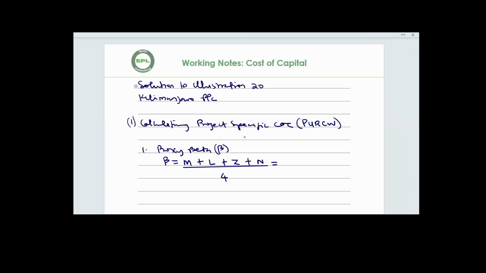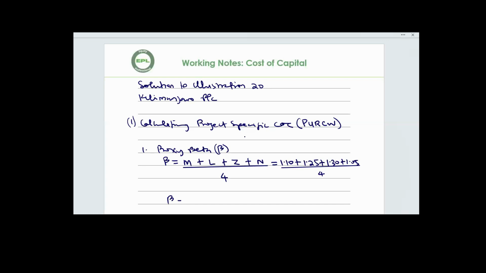According to the question, the beta equity values are 1.10 plus 1.25 plus 1.30 plus 1.05. You add everything together, then divide by 4.